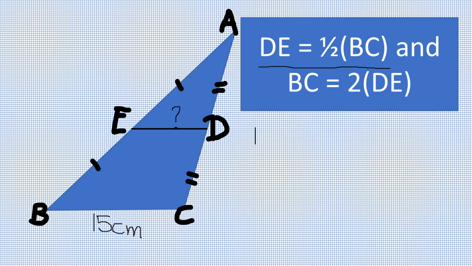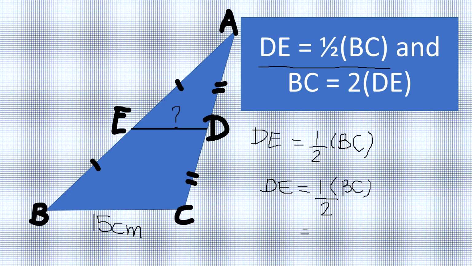So we are going to divide the measure of line segment BC by 2. Then that serves as the measure of side DE. So this becomes DE equals 1 times the measure of BC over 2.